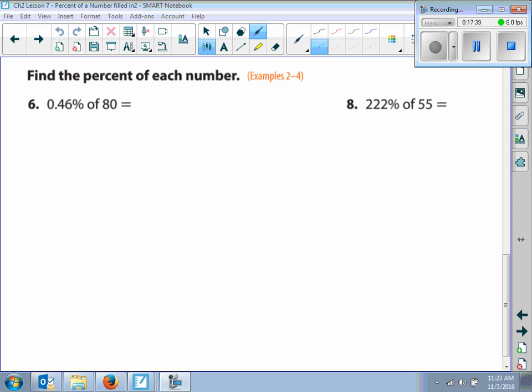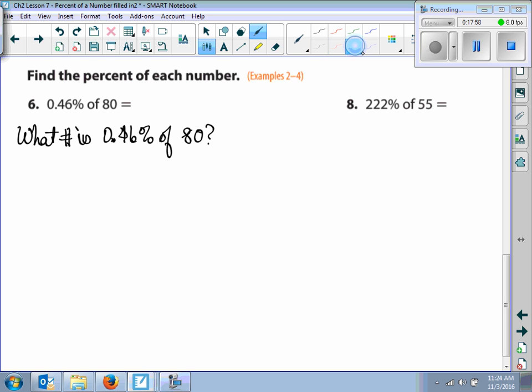So that's what we're going to write down. There's our question. What number is 46% of 80? Now we have to identify our part and our whole and our percent. The percent, of course, is an easy one. That's the one that has the percent sign with it. So here's our percent.